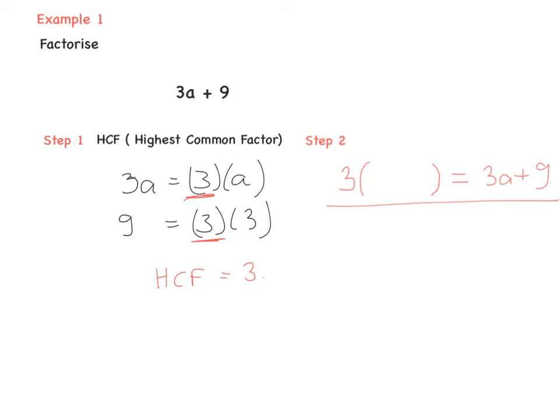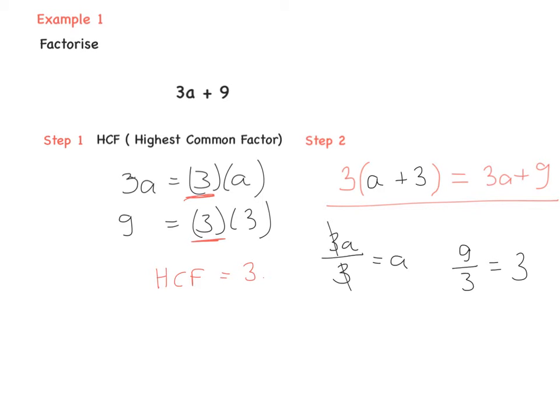Now we have 3a, so we can do method 1 or method 2. 3a divided by 3 gives you a, so a goes straight in here, and then 9 divided by 3 is positive 3, so plus 3.